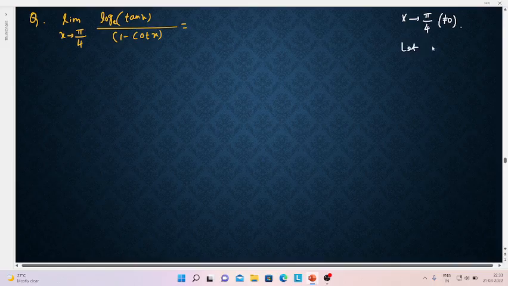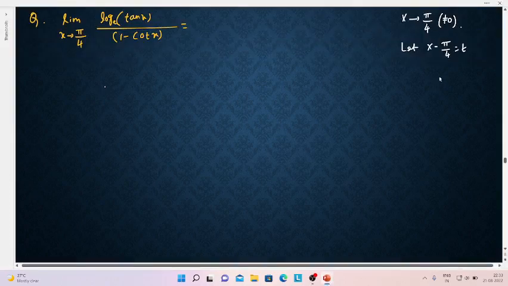let x minus pi by 4 be t, right? So if we take x minus pi by 4 as t, can you tell me what is the value of x?